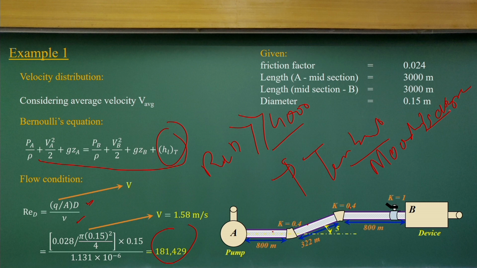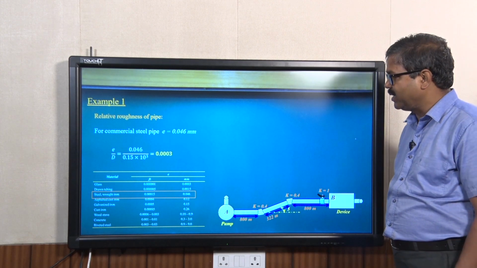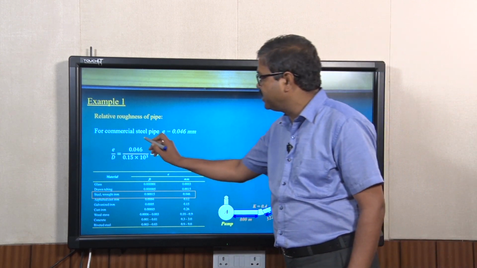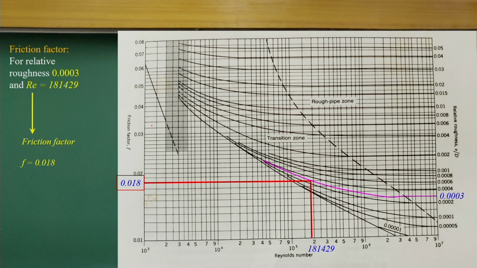We will use the Moody's diagram to compute this. This is a commercial steel pipe, so the roughness value is given here. Once you know the relative roughness value, we compute it. If I know the Reynolds number and the relative roughness, I can find the friction factor from Moody's chart.